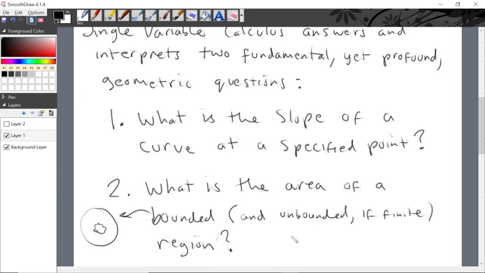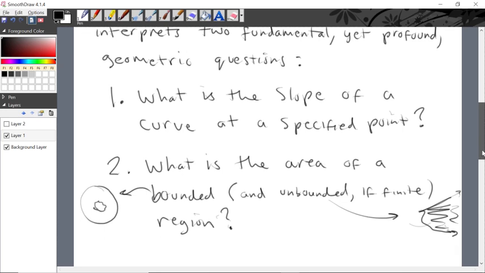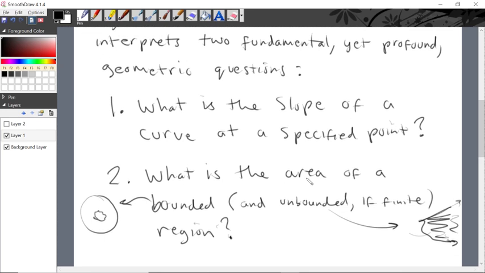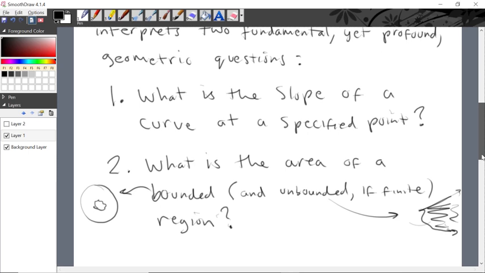An unbounded region is a shape that continues outward forever, so no matter how large a circle you choose, you would never be able to enclose the entire region. We'll deal with bounded regions in this course when we get to the area problem, and the area problem will lead us right to integrals.